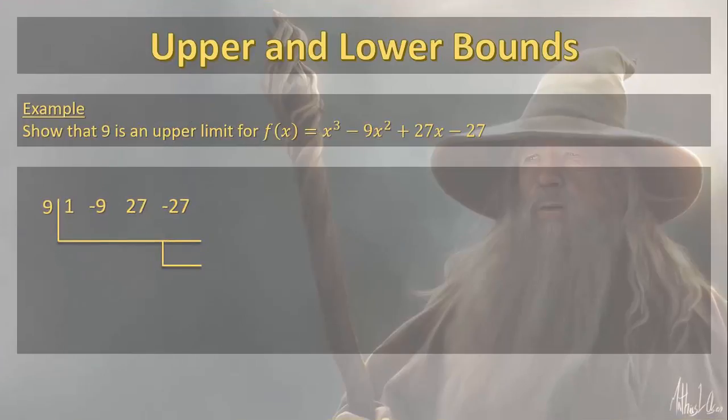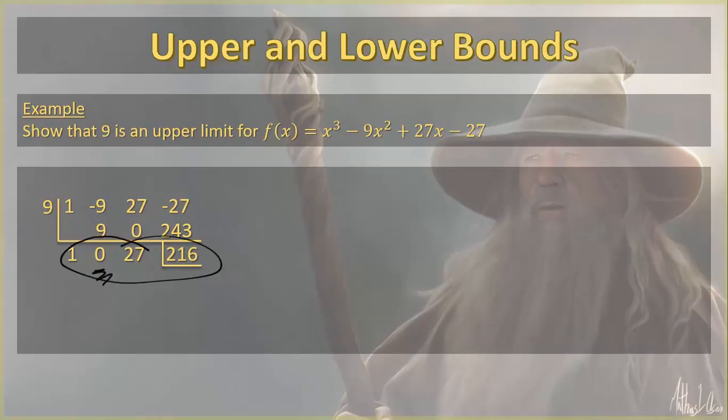And so we're just going to synthetically divide and hope that the bottom row is all positives or zeros. Sure enough, bottom row, all positives or 0. Therefore, 9 is an, it shouldn't be upper limit, it should be upper bound. Limit is a specific term in math, and that's a poor use of it.